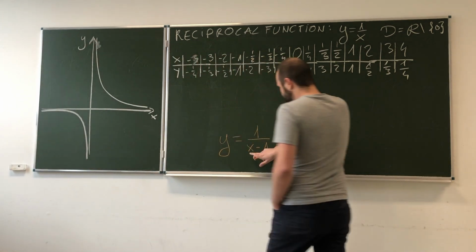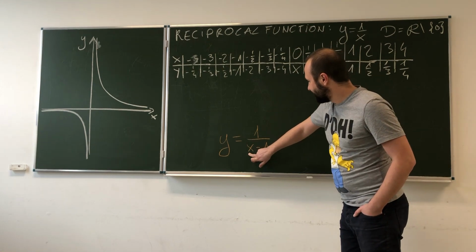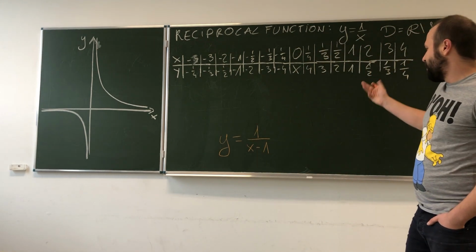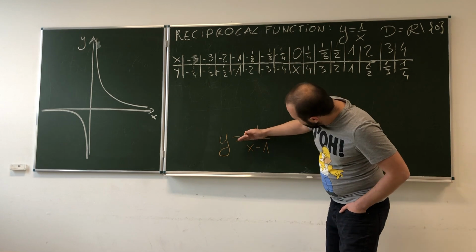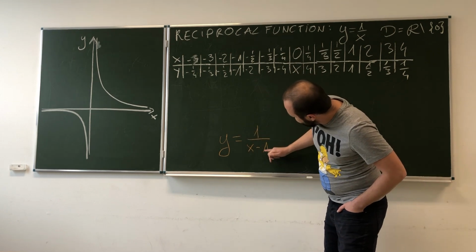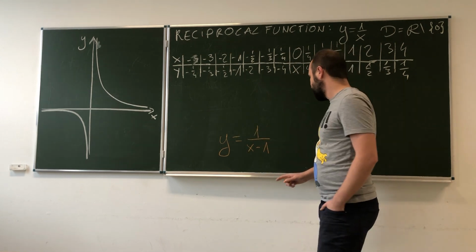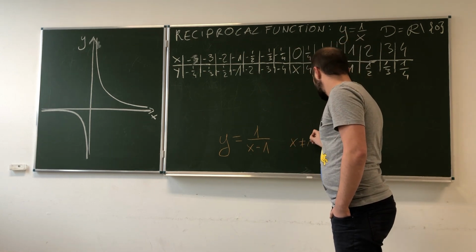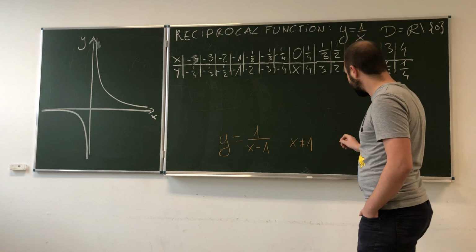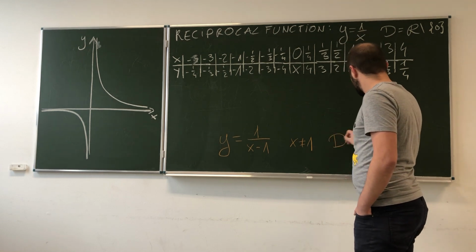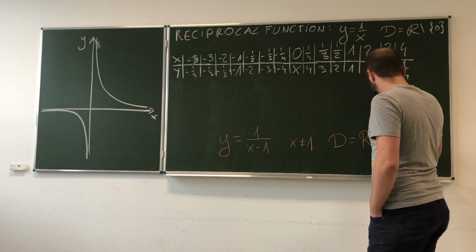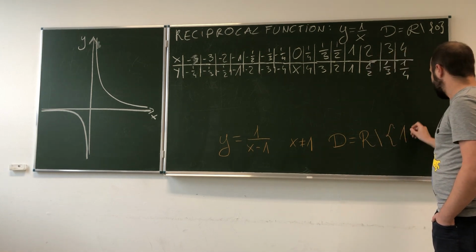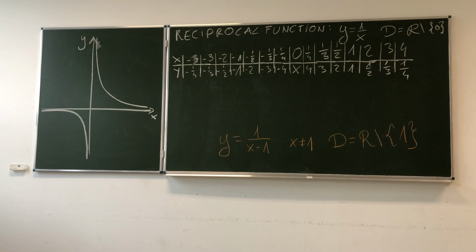Because look, if x is 0, it's negative 1. But now we don't want the denominator to be equal to 0. So x must be different than 1. And our domain is, in other words, real numbers without 1.